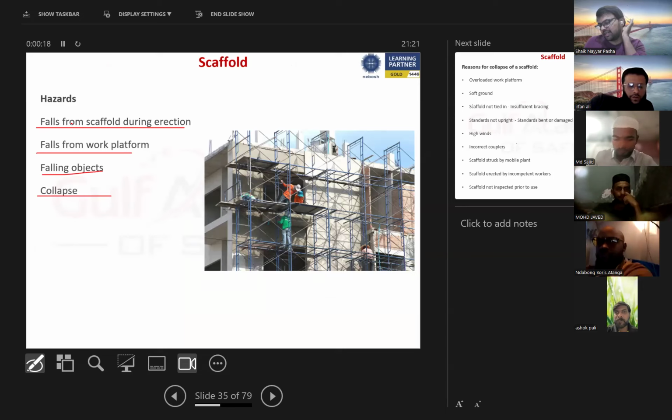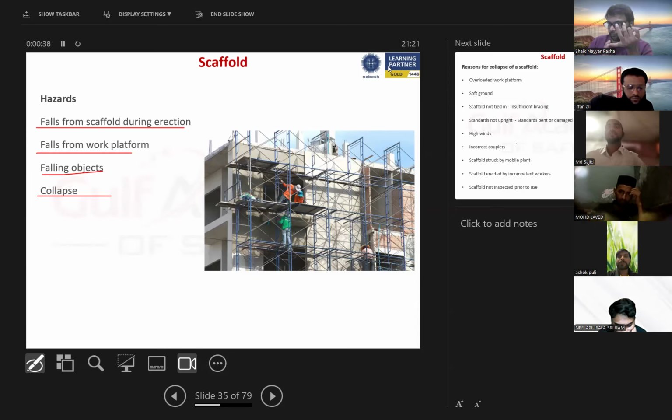Now, can somebody tell me what are the reasons that a scaffolding could collapse? The entire scaffolding could collapse or break down. What could be the reason for it? Sir, if the scaffolding is hit by a vehicle, or if there is, what should I call the soil, I forget the name of the soil.